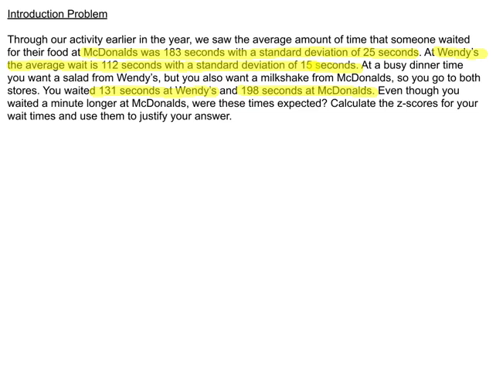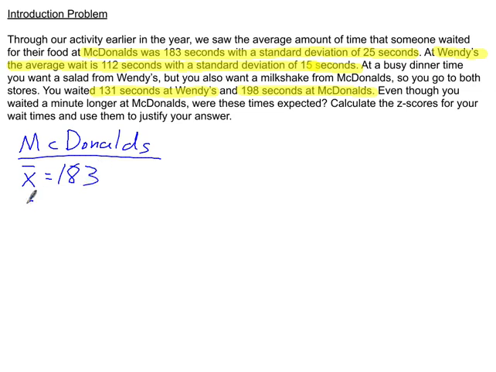Just like in the last section, I think it's easy to organize our data into a table. So at McDonald's, we have a mean of 183 and a standard deviation of 25, with our wait time of 198 seconds.